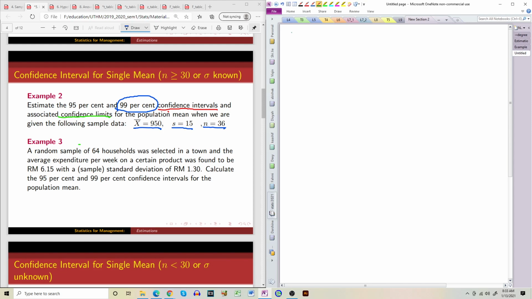So 99 percent now. Just now 95, now 99. My X bar is still 950.